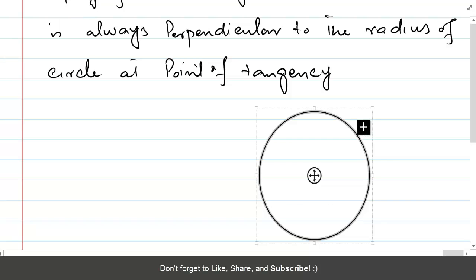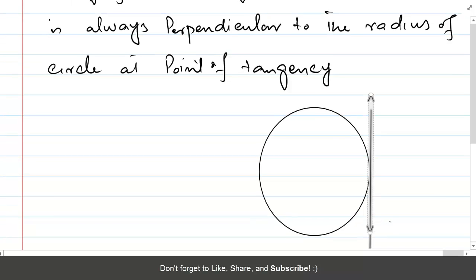It should only touch the circle at one point, and here this is the line of tangency, and let's say that this is the center of the circle here, and this is the point of contact between the circle and the tangent. So let's call this T, and let's call this C.